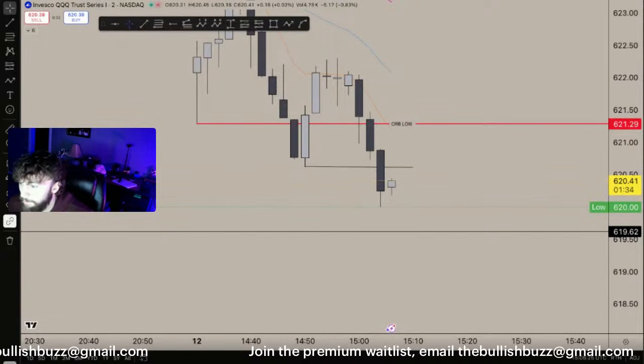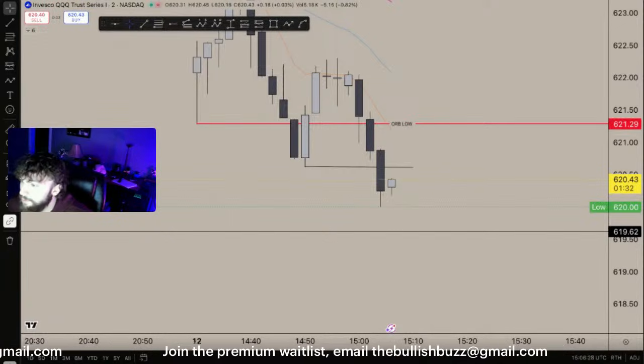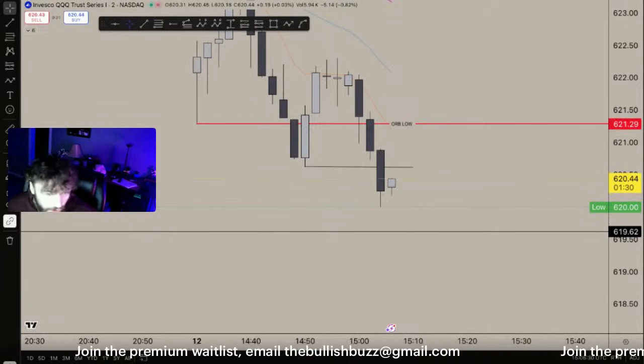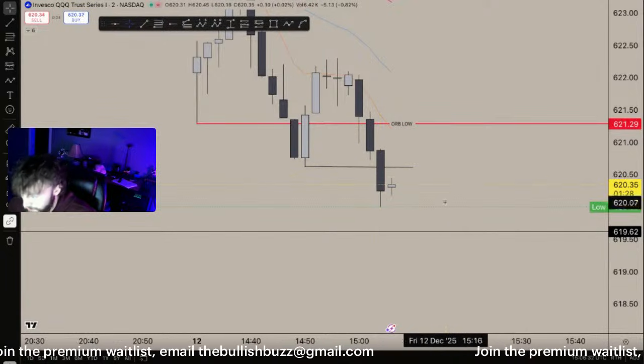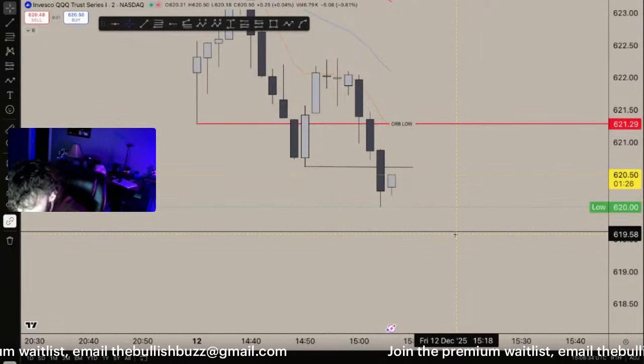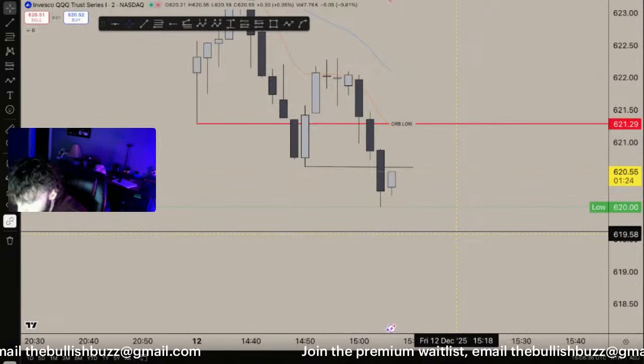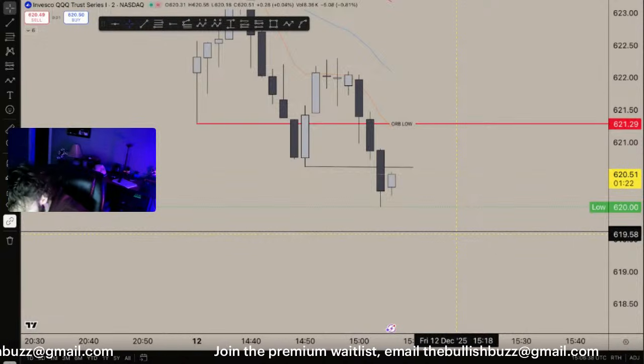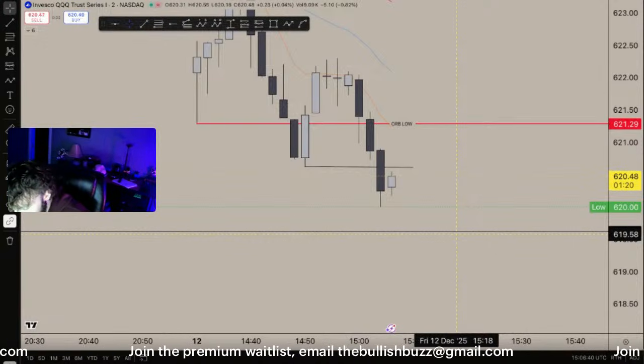Okay. So you guys can go ahead and enter here. Look for this candle to pull back if you'd like. But I'm going to go ahead and get my entry right on that candle right there. Okay. So I'm now in.